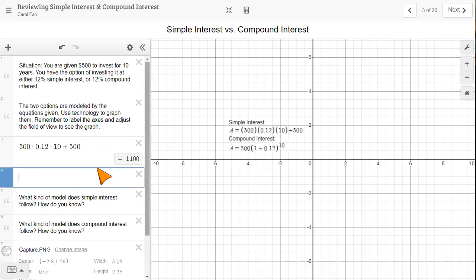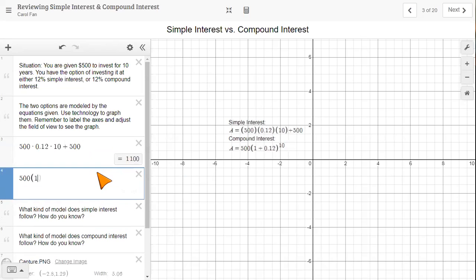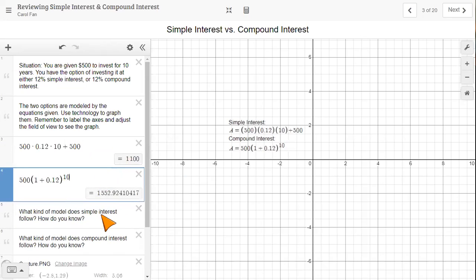On the other hand, if you're doing compound interest, you're going to have 500 times (1 plus 0.12) to the power of 10, which is 1,552.92.